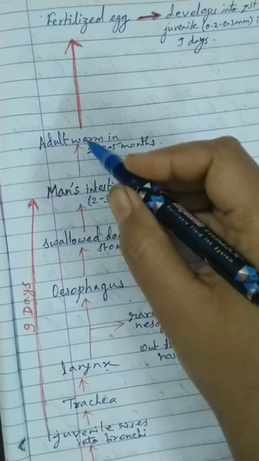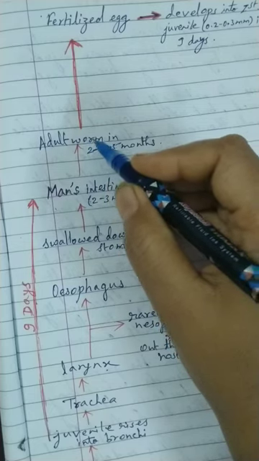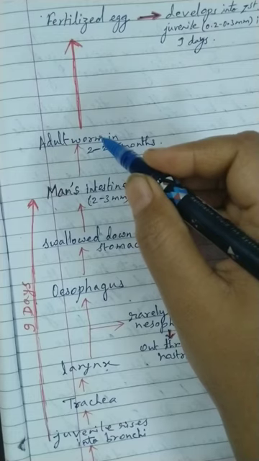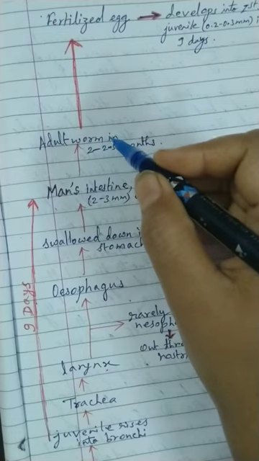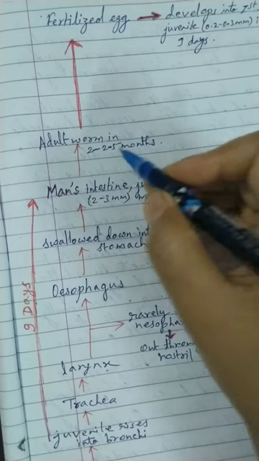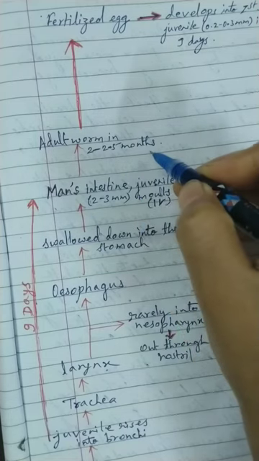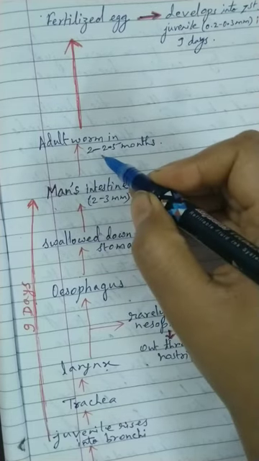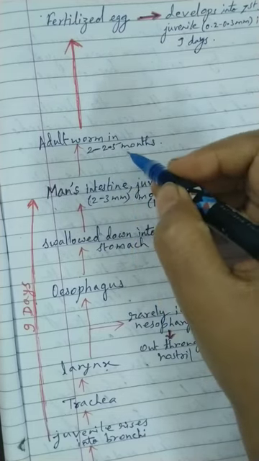It gets attached to the intestine, and from here its size increases and becomes mature in 2.5 months. We can say 6 to 10 weeks.